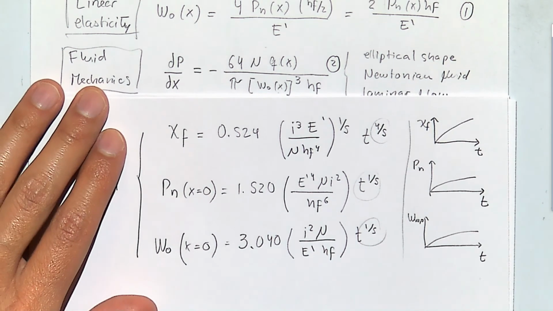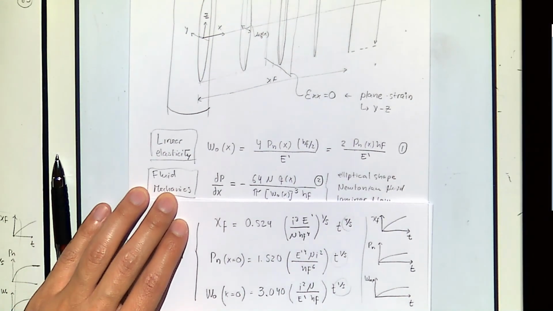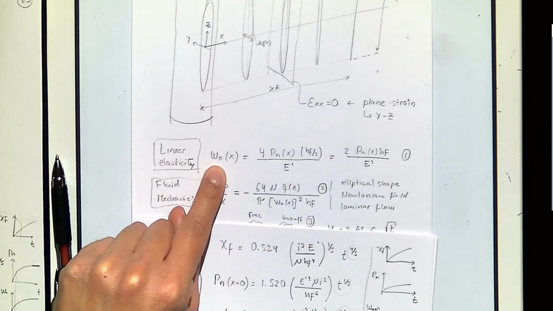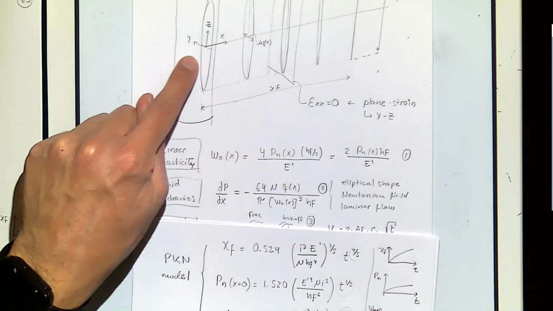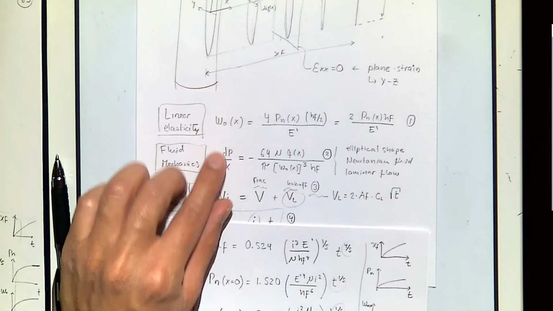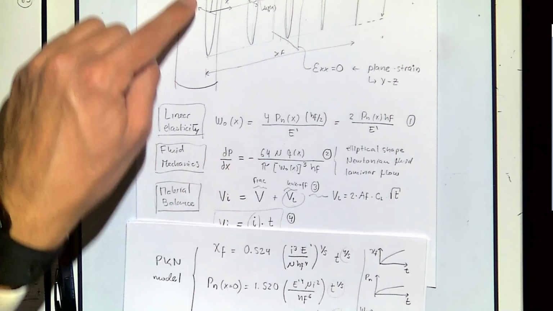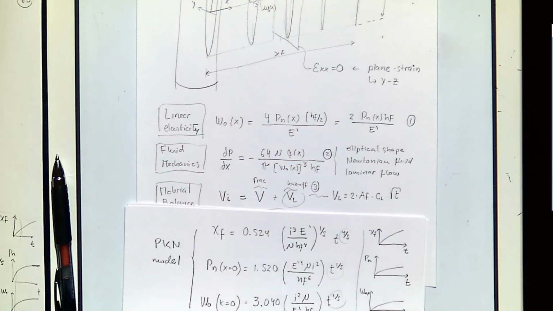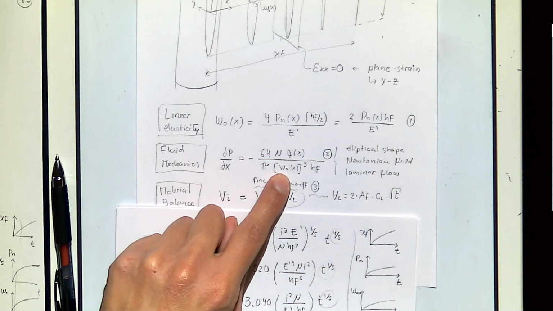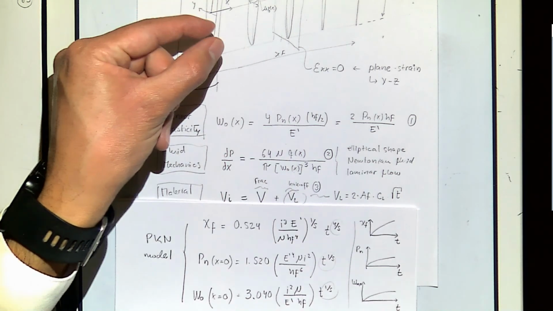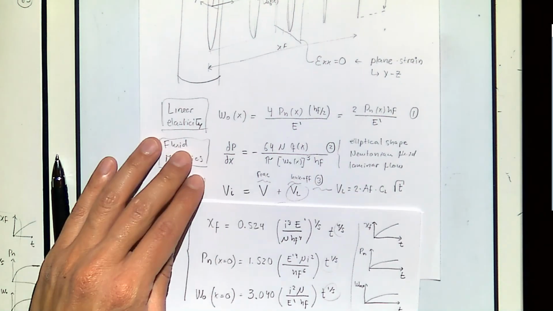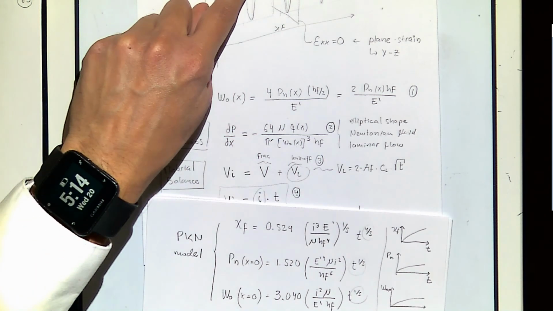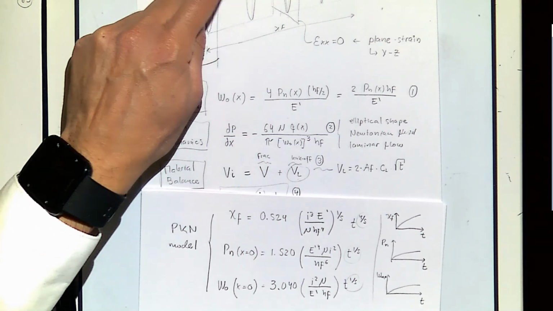The only thing that you have to do is assume a geometry, calculate what would be the width of the fracture for that geometry at the given pressure, which is variable as a function of x, calculate what is the profile of that pressure as a function of length in order to flow a fluid inside the fracture which has a given viscosity and through a cavity which is not constant but variable as a function of x, and just do some mass balance to get to know how much volume actually goes into the fracture and how much goes into the leak-off.